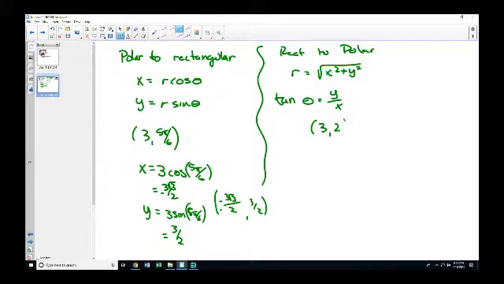How about that coordinate in polar? R is root 13. Then theta: tan theta equals 2/3, so arctan of 2/3.